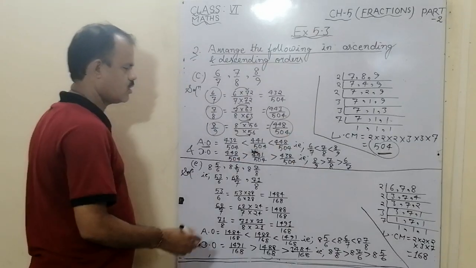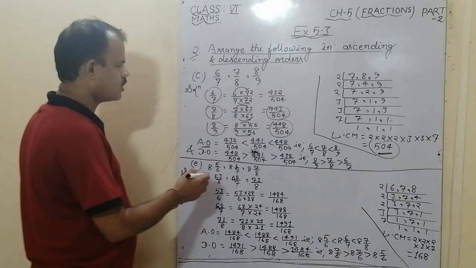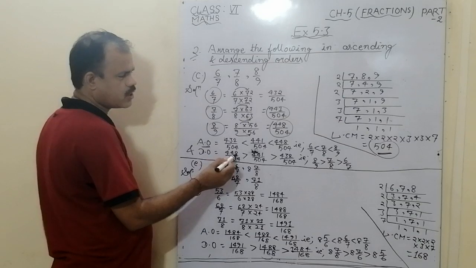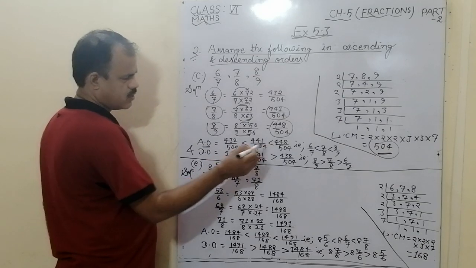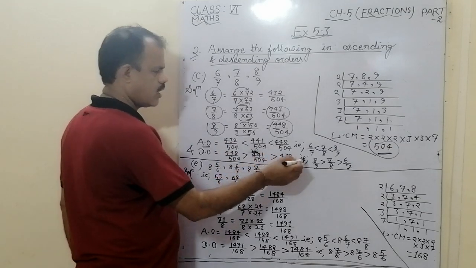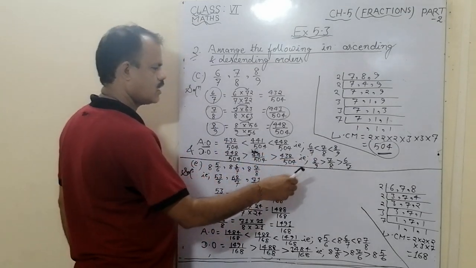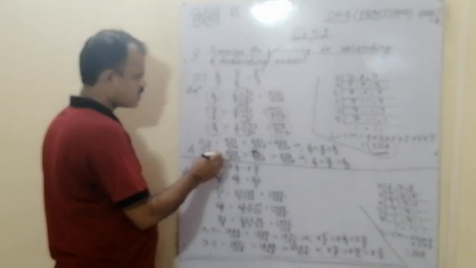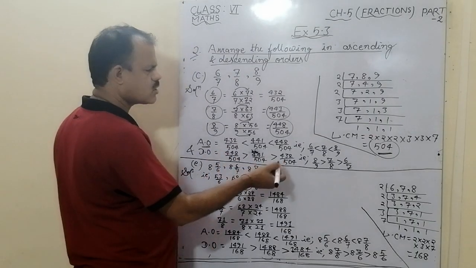This is ascending order. Now descending order, greatest to smallest. Here the greatest is 448. This first we write, then this, and in place of this we write this. Yes, for descending order, greatest to smallest.